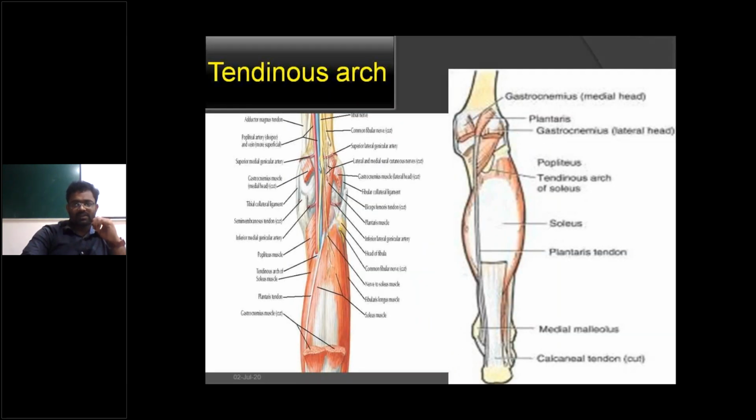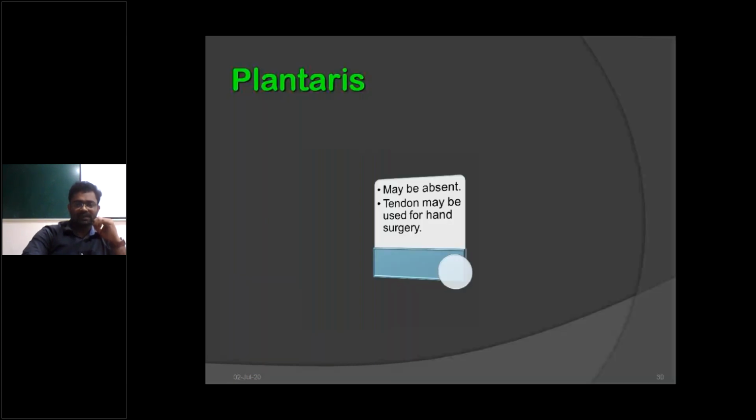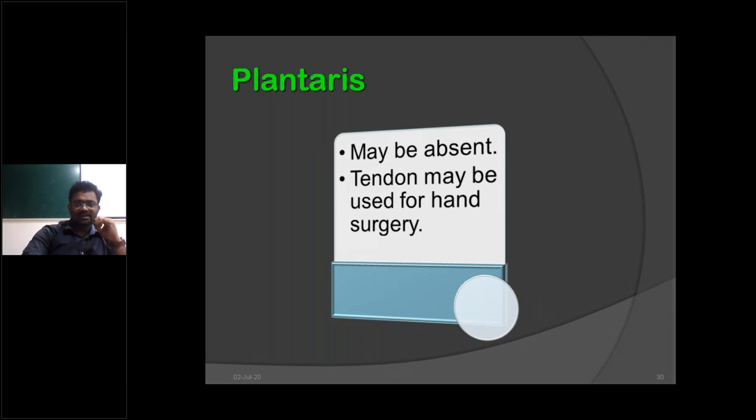Between the tibia and fibula there is a tendinous arch, and the soleus muscle takes origin from this tendinous arch. The soleus muscle is supplied by superficial and deep branches from the tibial nerve, one from the popliteal fossa, another in the posterior compartment of the leg. Plantaris is used for grafting.